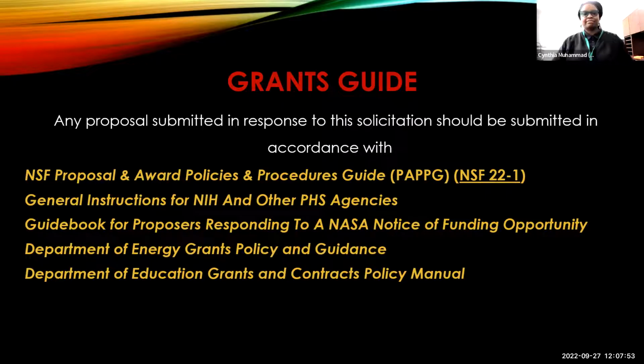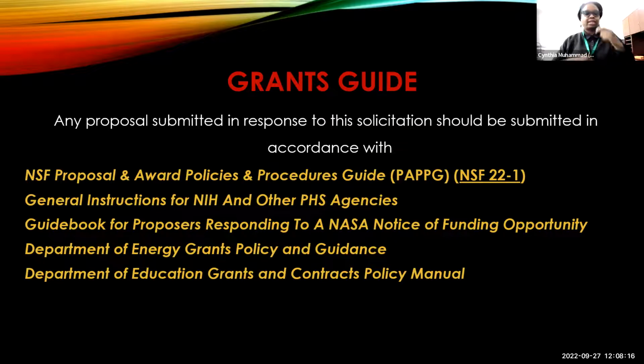And so NSF's grant guide is called the NSF Proposal and Award Policies and Procedures Guide, and they're currently in volume 22.1. They usually update that annually. NIH also updates theirs annually, the general instructions for NIH and other PHS agencies.